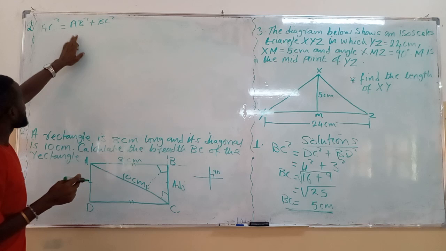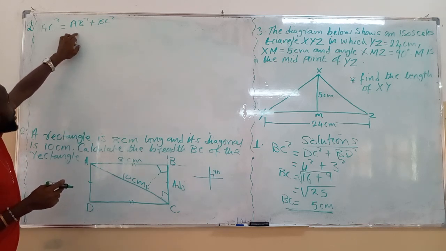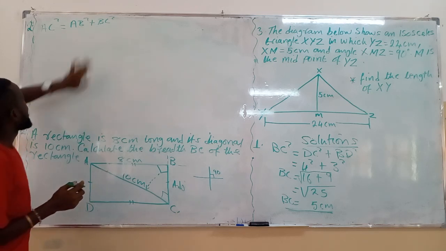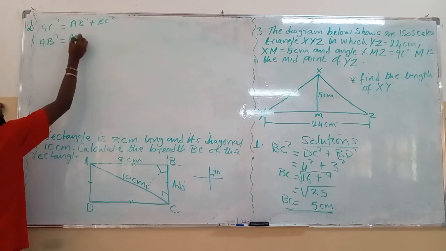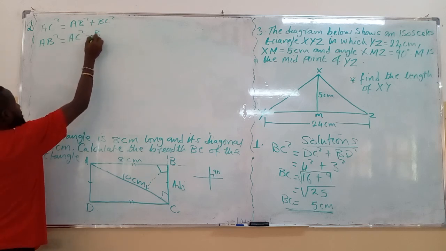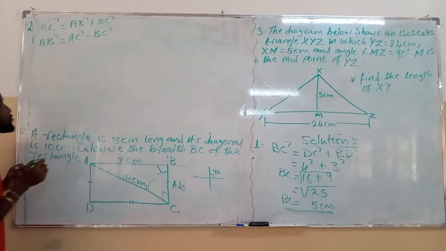Now if I want to formulate another formula, let's say I want to find AB, I can easily do it like this. AB squared is equal to AC squared minus BC squared. That's what I wanted to show you.